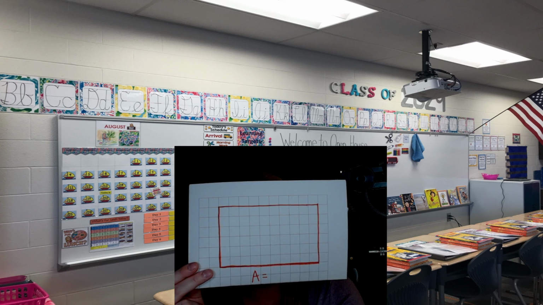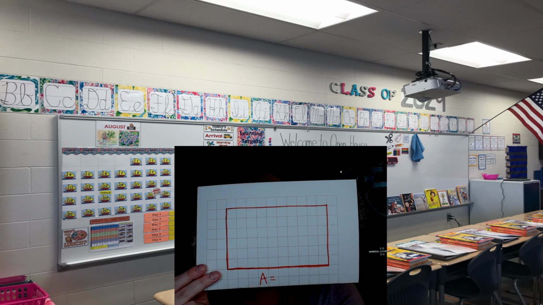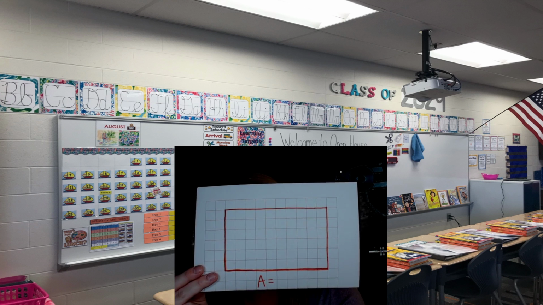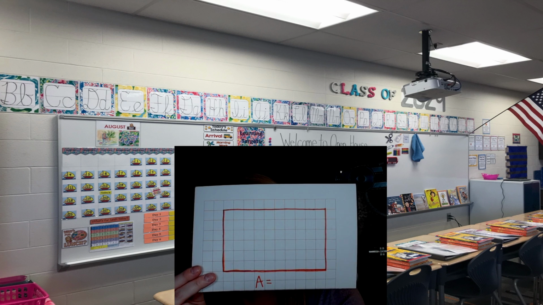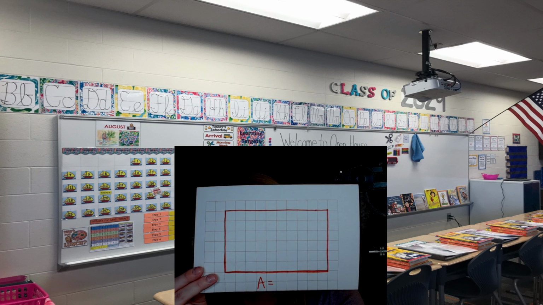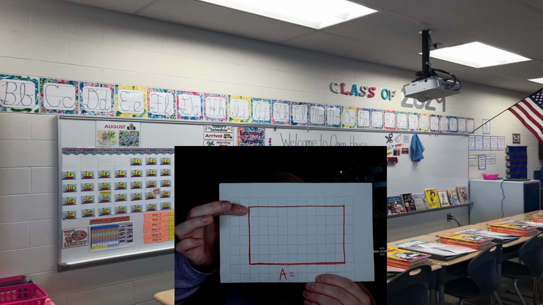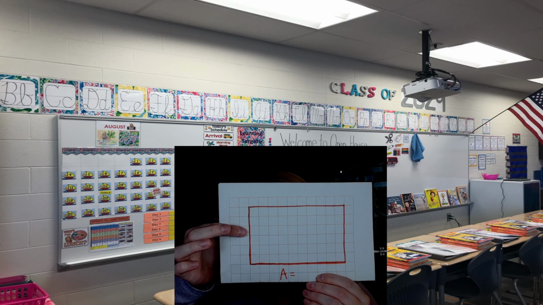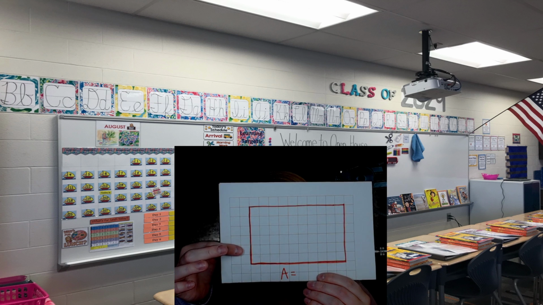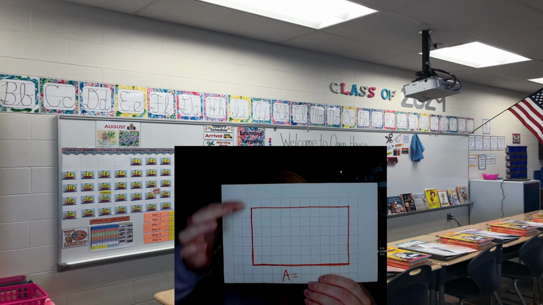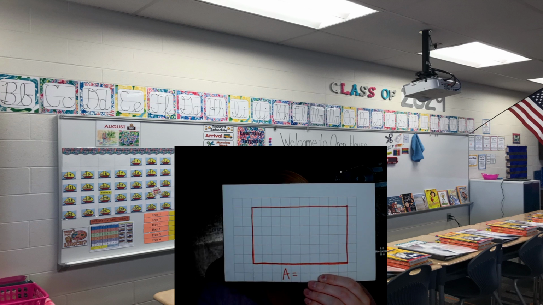Now, this is a pretty big rectangle, and I don't really want to count all those squares. So I'm going to use the rectangle area is length times width to solve this. Let's figure out the length and the width. I'm going to count down the side first. 1, 2, 3, 4, 5, 6. So this is 6.